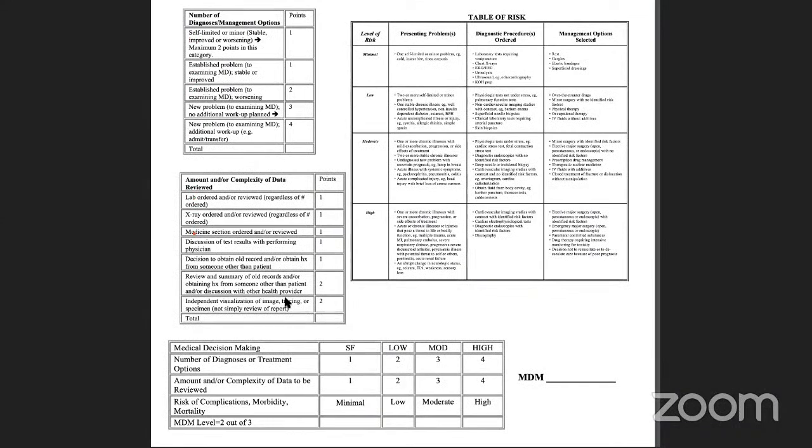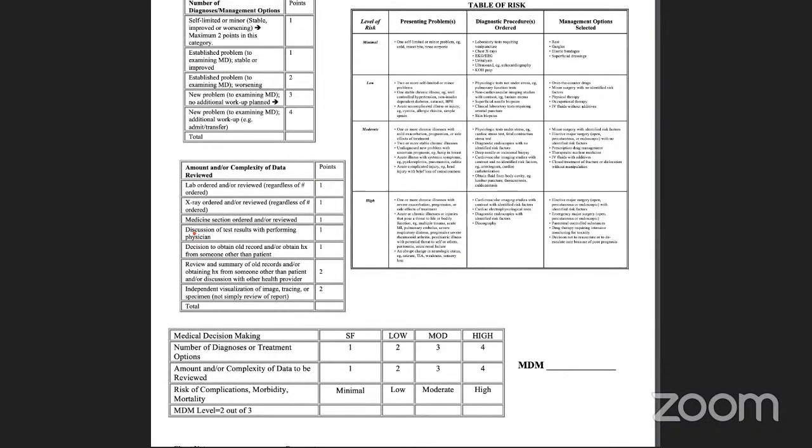So patient number 4, subsequent hospital visit. This patient has severe exacerbation of the CHF, poorly controlled hypertension, and worsening acute renal failure due to cardiorenal syndrome. So we have 3 established problems that are worse.